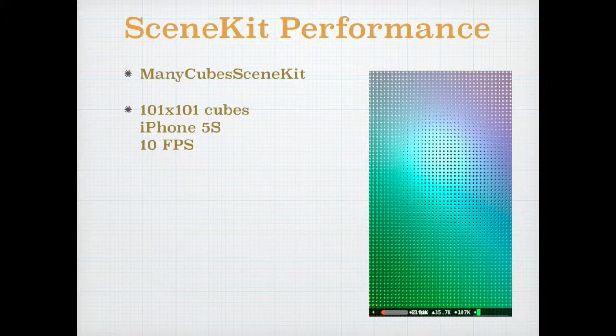So a while ago I did a demo where I had 10,000 cubes on the screen, all rotating a little bit, and I was getting about 10 frames per second. If you do the same thing on Metal, you'd easily get 60 frames a second if you were structuring your rendering loop correctly. That's because it just doesn't know that these are all the same objects, so it doesn't know that it could get those advantages by, say, not resetting its render state every time.